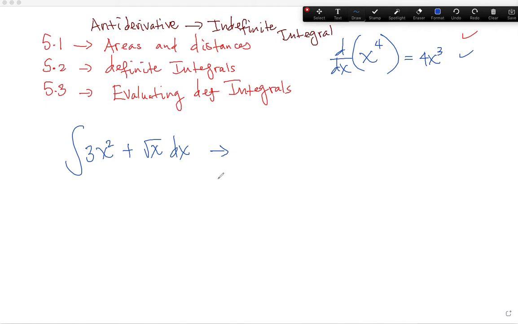So it'd be 3 x to the 3rd over 3. Beautiful. Plus x to the 3 halves over 3 halves. Yeah, very well done. Exactly, excellent.